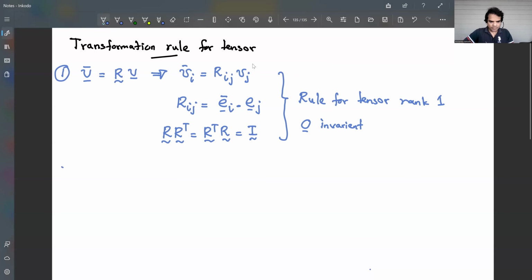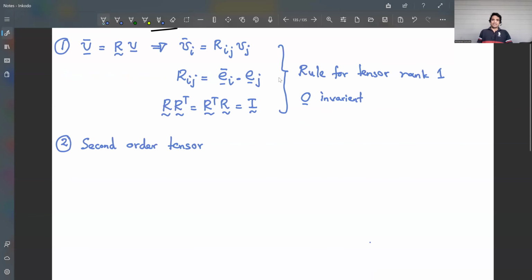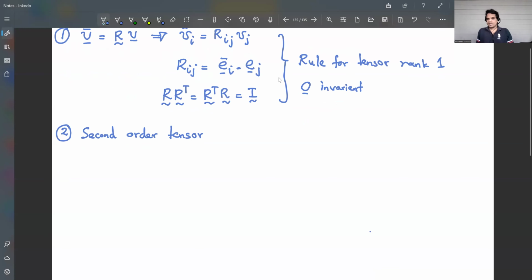Now we are going to discuss the rule for a second order tensor. Based on that, we can extend our discussion to any order. So first, the second order tensor. Again, all the vectors follow the transformation rule. Now I'm going to consider a matrix.